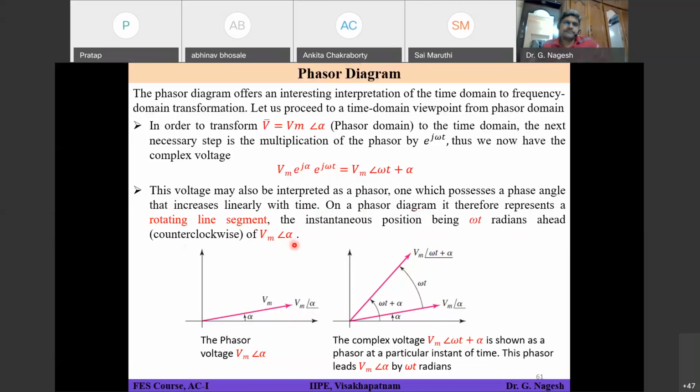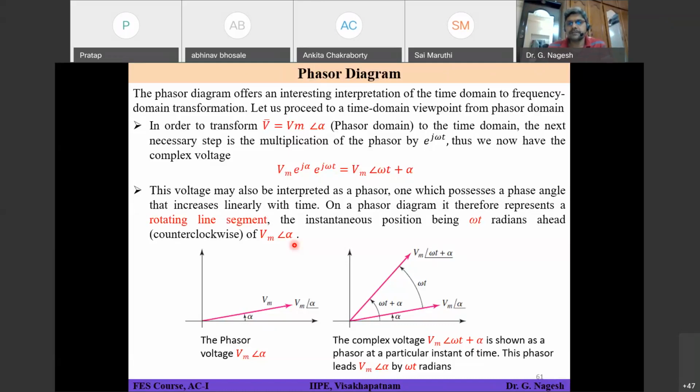That is obvious, right? When you see Vm at an angle of alpha, it is a phasor lying on the complex plane at an angle of alpha with respect to your x-axis or horizontal axis. When you have Vm at an angle of omega t plus alpha, since omega t is there, with respect to time this phasor is going to rotate.